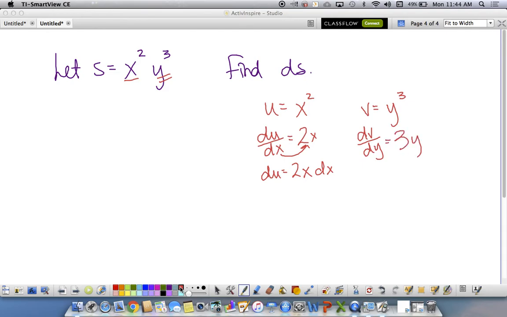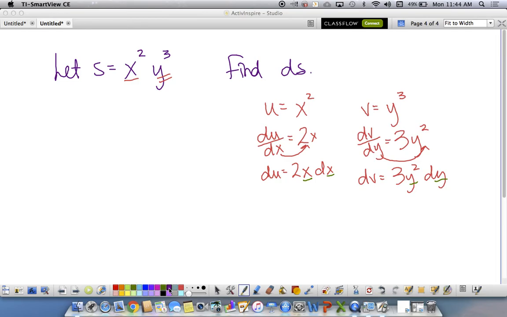It's 3y squared. But what is the differential? We need to multiply both sides or take that dy over. So dv is simply 3y squared dy. Okay? One thing you should notice, the variable and the dx, they have to go together. Variable is y, so you have a dy.